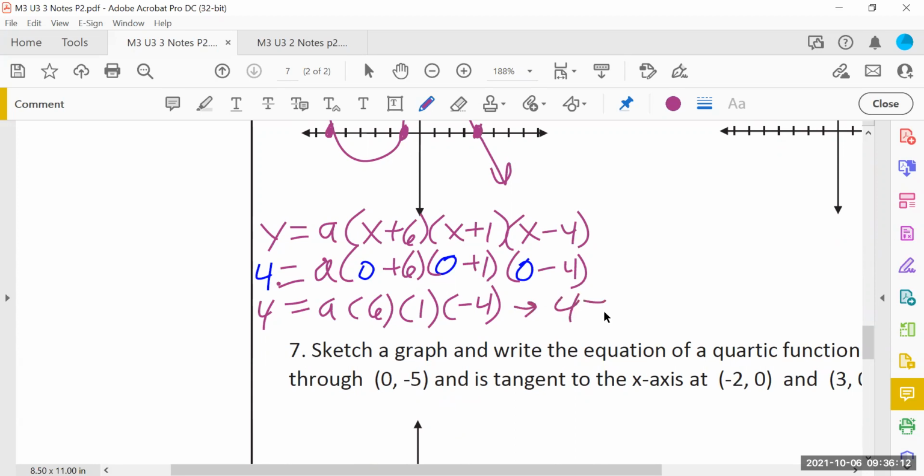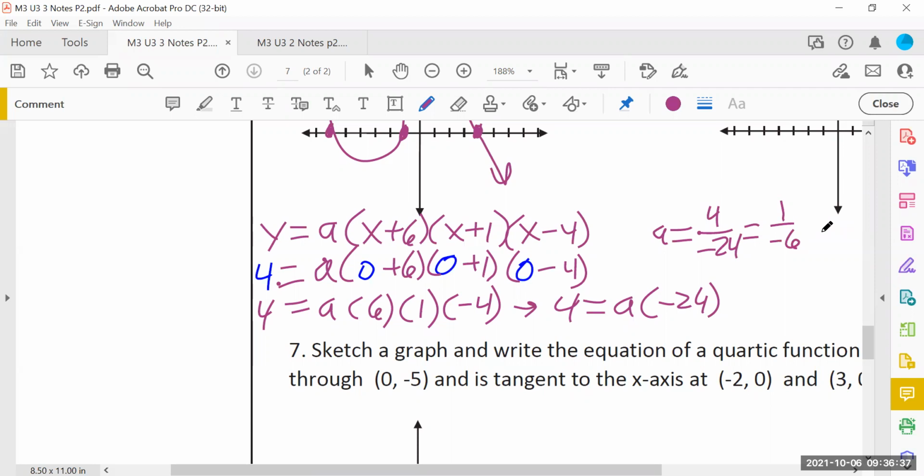So 4 equals a times -24. Divide both sides by -24. A is equal to 4 over -24, or reduce that down to -1 over 6.